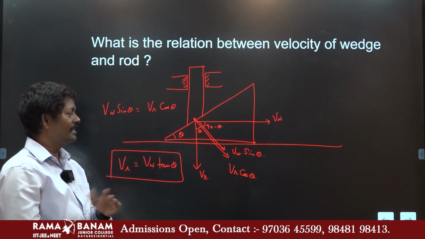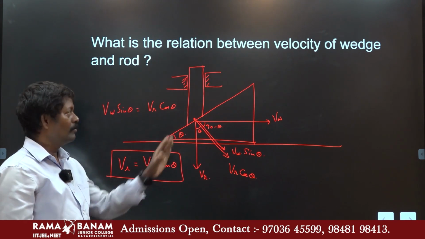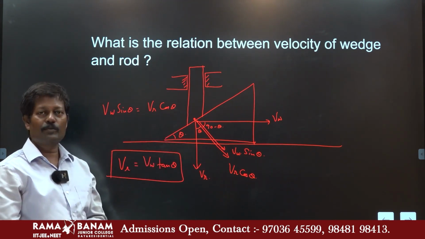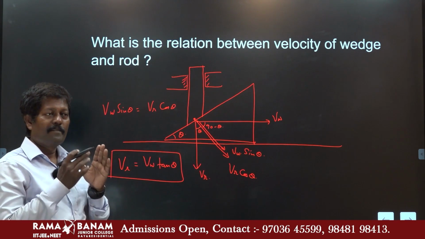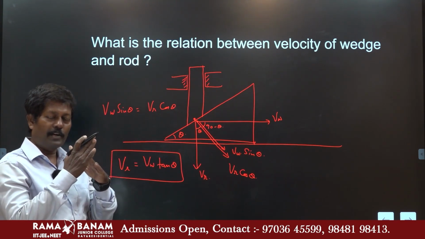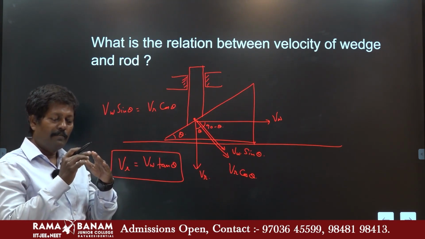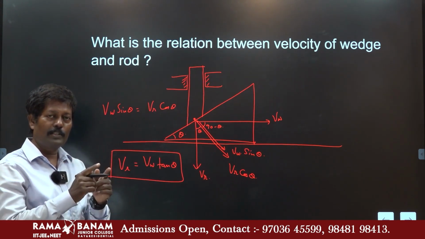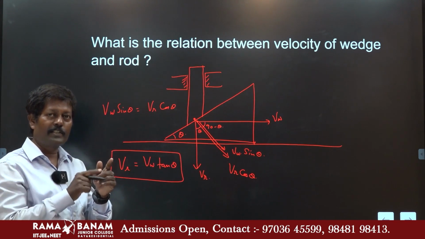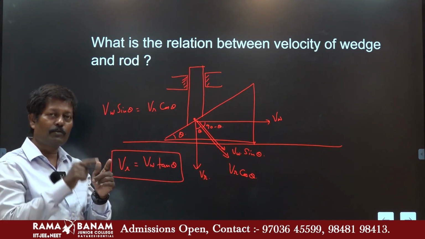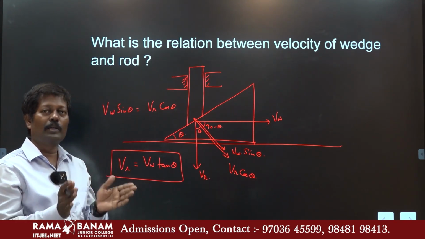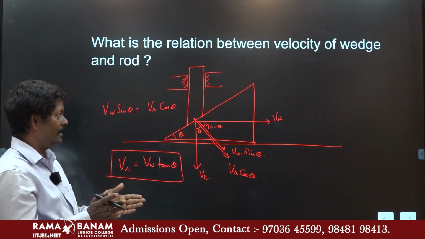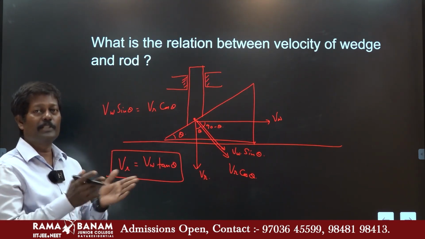Instead of differentiating and doing so many things, the best way to do the problem is that whenever two surfaces are in contact, the components of velocity of both bodies perpendicular to the surface should be equal, or the relative velocity should be 0.